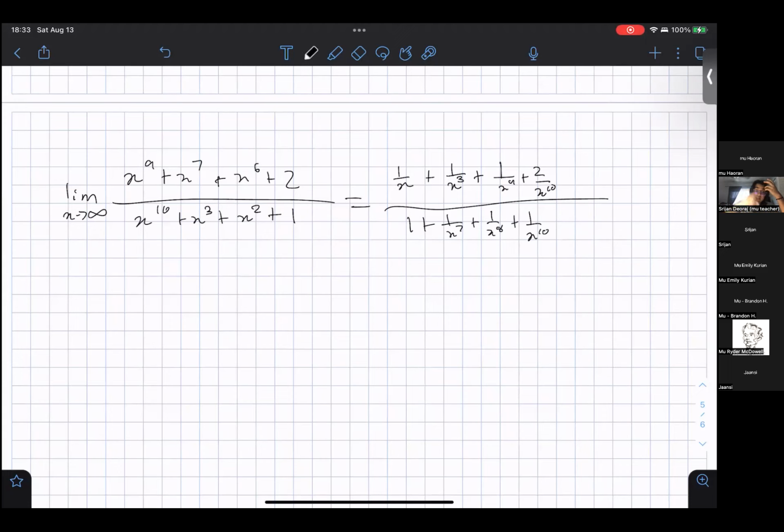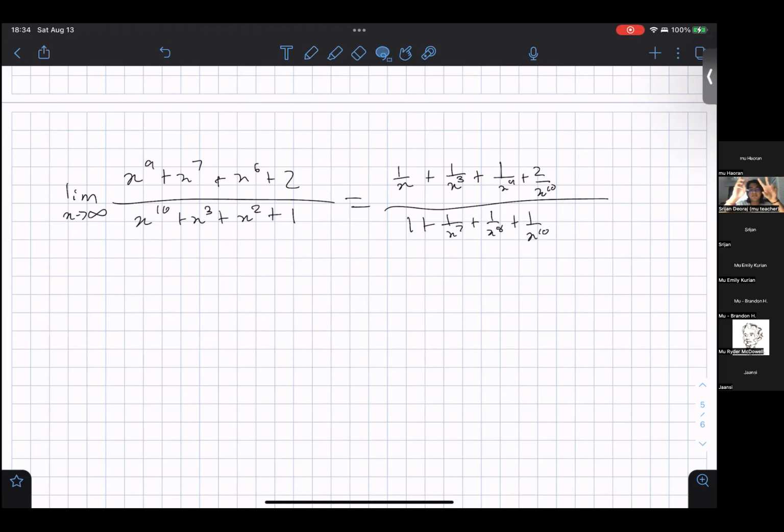Now we can just plug in the limit as x approaches infinity into this expression, and you can very obviously see that if it's 1 over x anything, then it's just going to go to 0. So for example, 1 over infinity is 0, right? The same way, 1 over infinity cubed is also going to be 0.